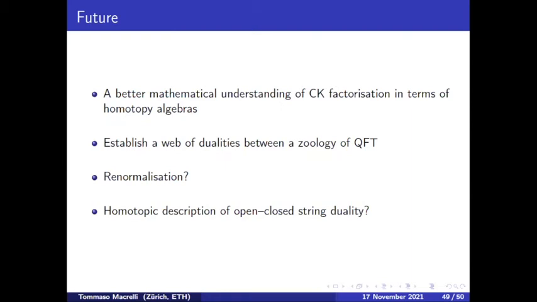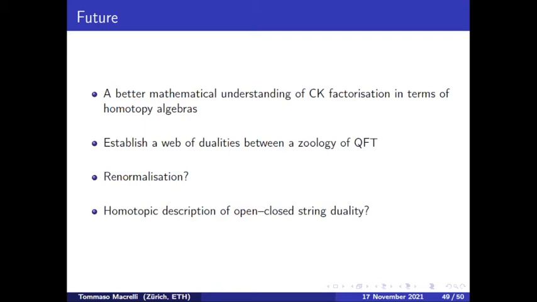So there are many possible directions to apply this formalism. Something that we will do in an upcoming paper is to clarify the mathematical structure of this color-kinematic factorization in terms of homotopy algebras. The twisted tensor product captures the physical aspect of the construction, but it's somehow not very natural from the mathematical point of view.